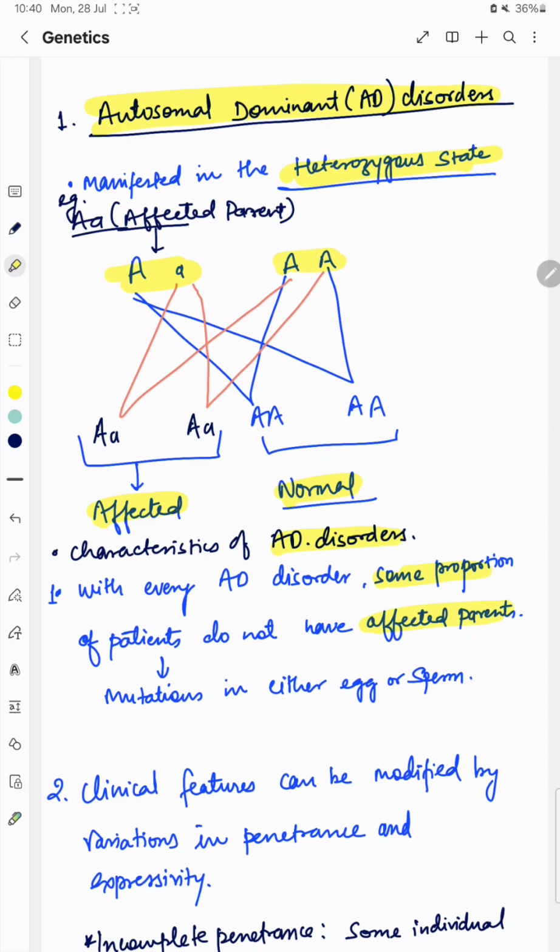Some of the parents could be normal. This is seen when the mutation is in either the egg or the sperm.